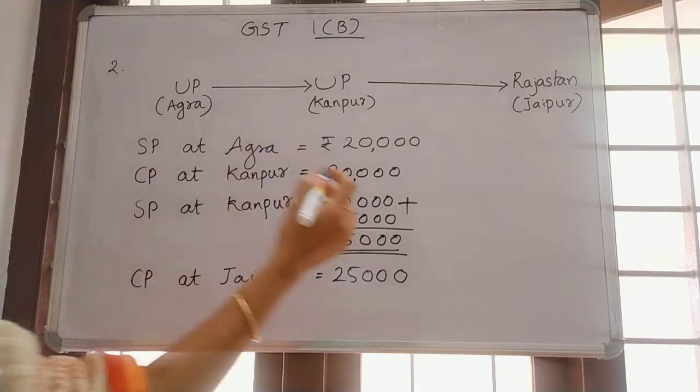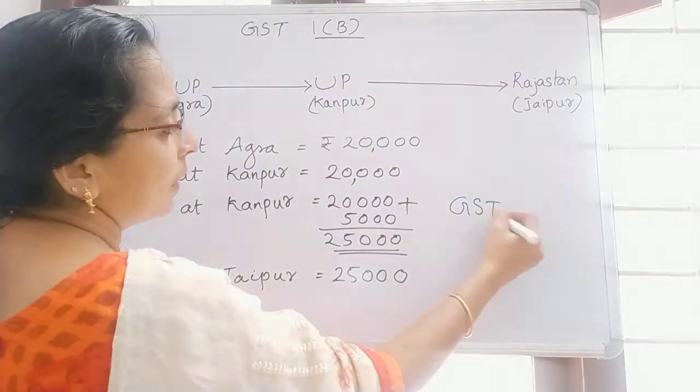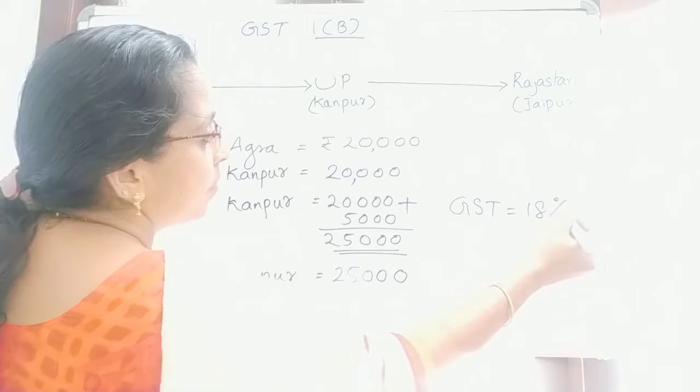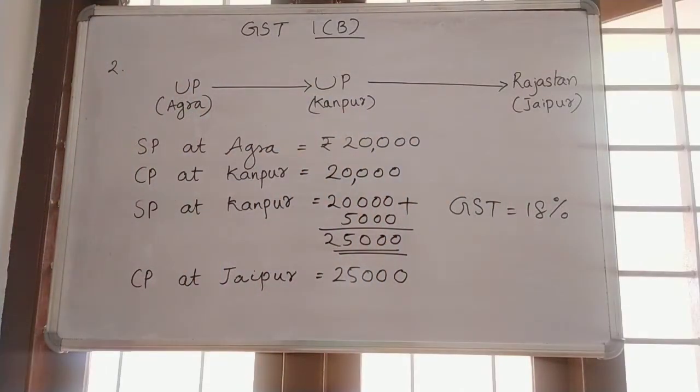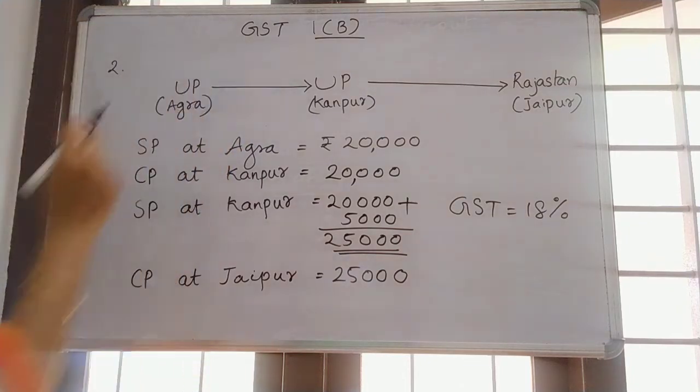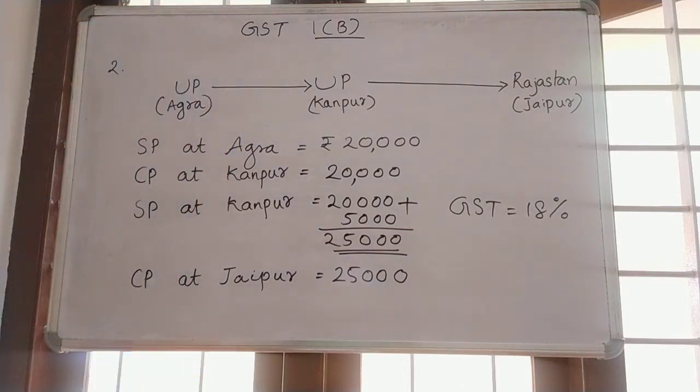Given that GST is 18% for both transactions. The first transaction is from UP to UP, so it is an intra-state transaction, that is, within the same state.